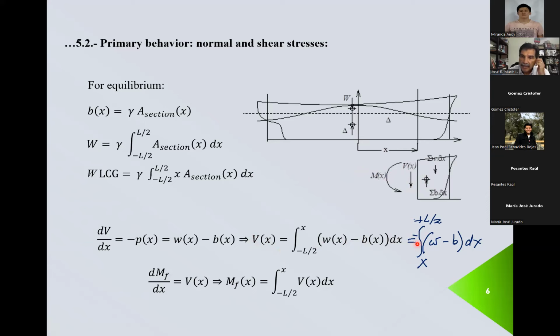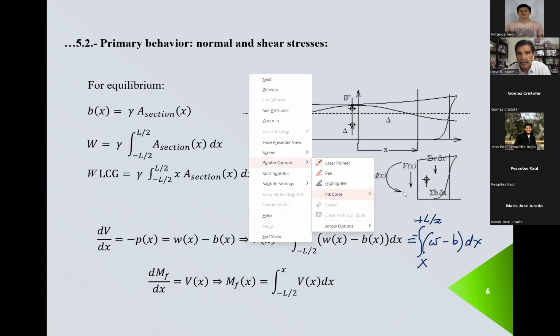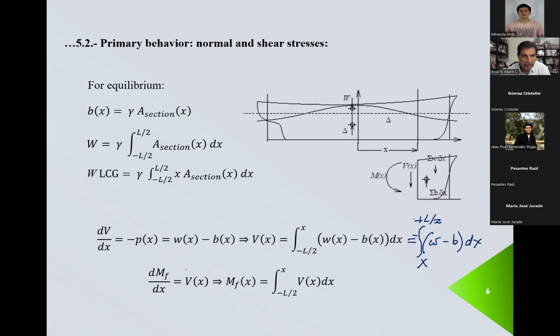So we can do this integration at any cut that we need, and we can determine the distribution of V of x. And then we can get the other equation. Let me insist on this: this is positive, and this is negative.